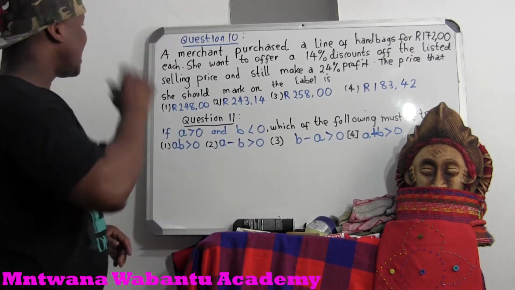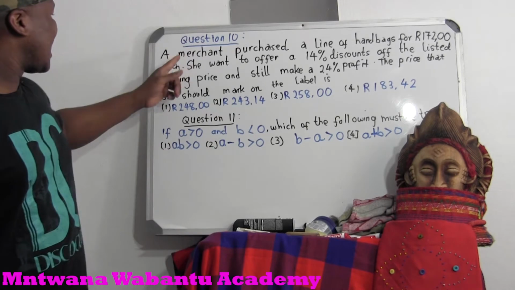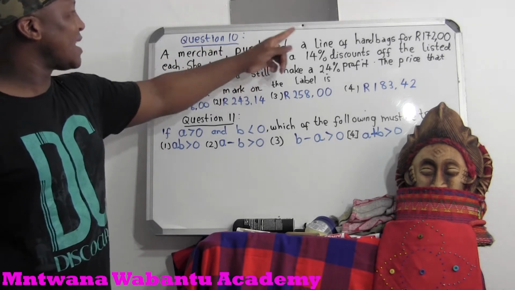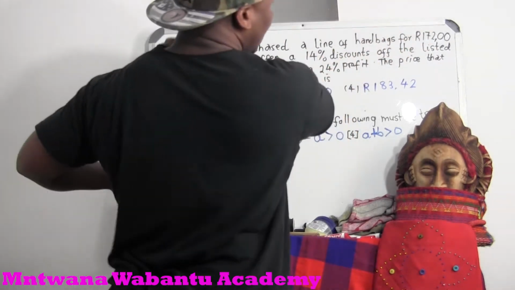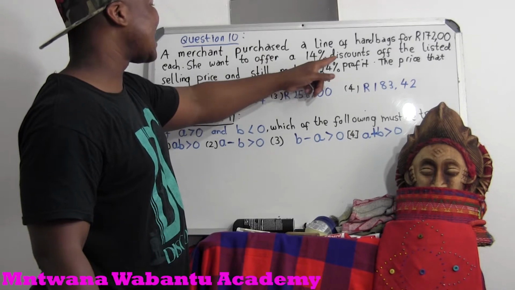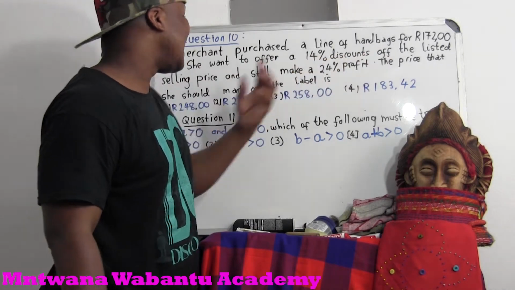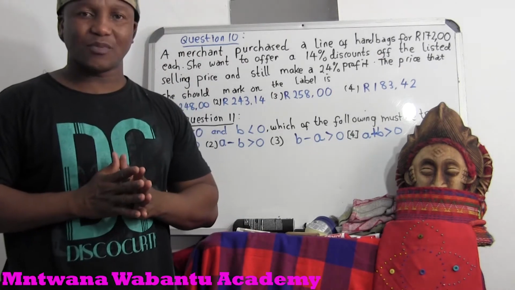Okay? Now the question here, question number 10. A merchant purchased a line of handbags for $172 each, and then she wants to offer a 14% discount off the listed selling price. First and foremost, we don't know the selling price.